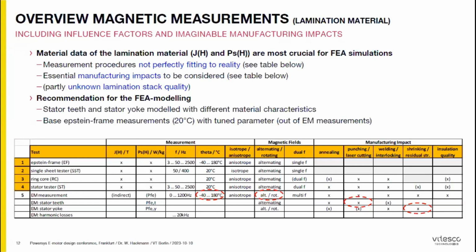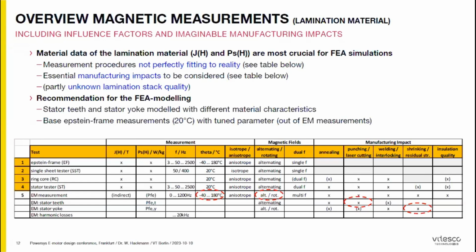The impact we are normally facing here is annealing, so the thermal working after stamping, then punching, laser cutting, the welding of the lamination stack, the shrinking into a housing, and the insulation quality between the sheets.